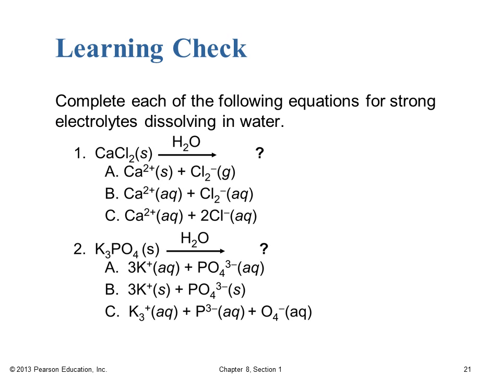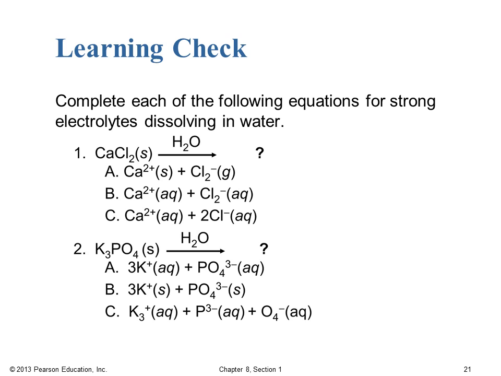And so here it's asking us to pick the correct way to show the products in these chemical equations. Looking at your periodic table, you can see that calcium is in group 2, and so it's going to form a positive 2 charge.